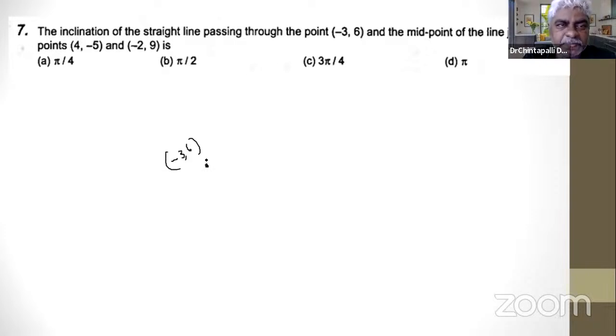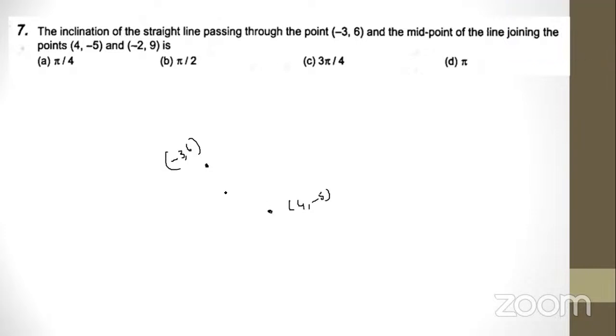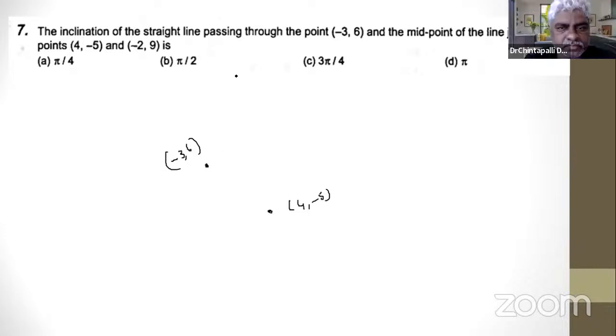That point is the midpoint of 4, -5 and -2, 9. Their midpoint is like this.